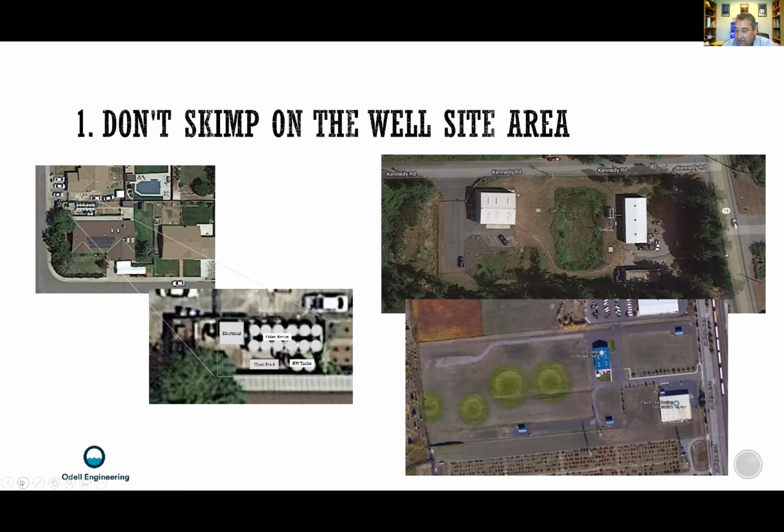So it was doable. We did it, but there was not a lot of room for chemical feed equipment. There's no room for construction laydown. There's no area for residual handling. So we only had one option: to send it to the sanitary sewer. But the facility could be built.